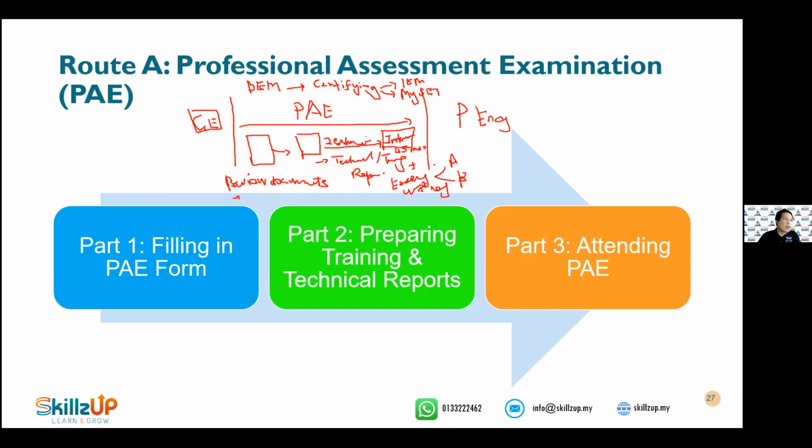Once you have completed all these things, the examiners will review the essay as well as the interview, and based on that we put a recommendation to the committee of the professional engineer, on whether you have met the required competency or not, and whether we recommend you to be eligible to become professional or not.